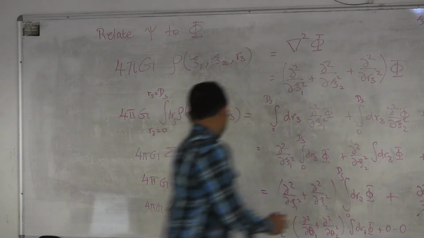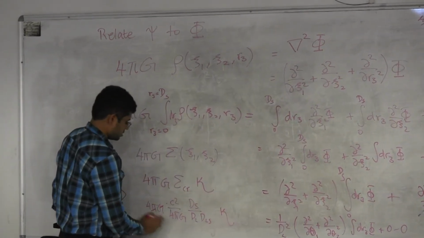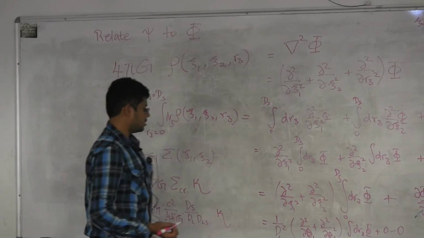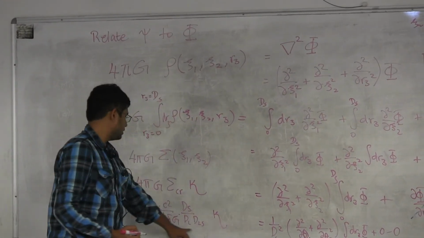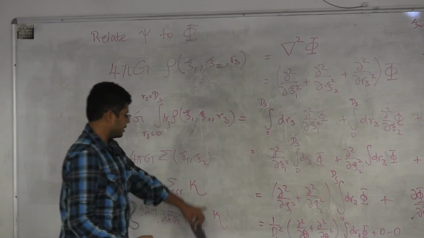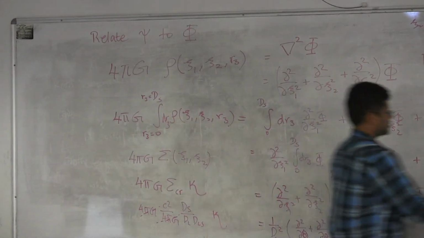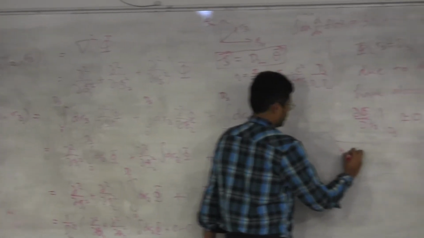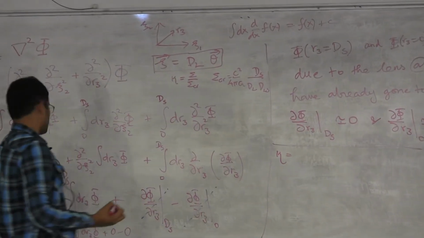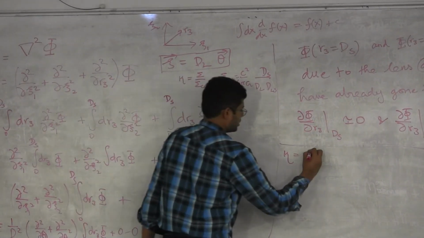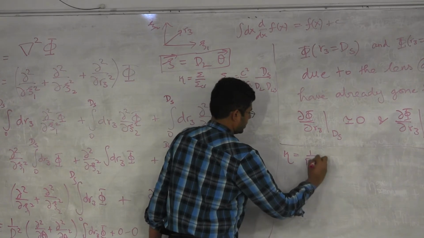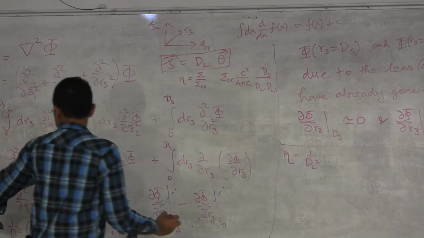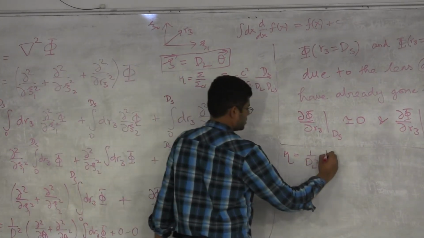So the 4 pi G cancels here, and I can take the c squared and the distance terms on the other side. So I get kappa equal to 1 divided by D_l squared, and then the c squared comes down.